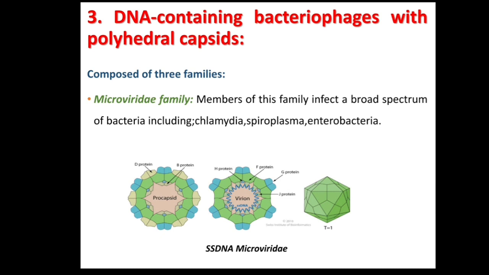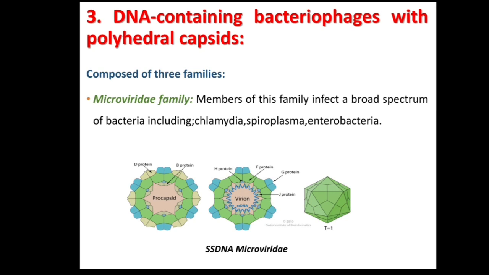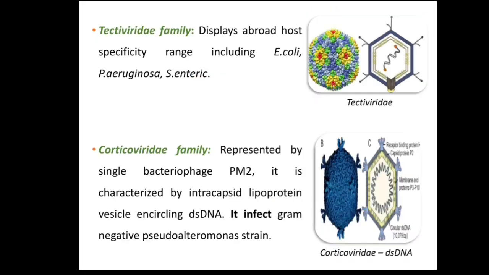DNA-containing bacteriophages with polyhedral capsid are composed of three families: Microviridae, Tectiviridae, and Corticoviridae. Members of the Microviridae family infect a broad spectrum of bacteria, including Chlamydia, Spiroplasma, and enterobacteria, and contain single-strand DNA.